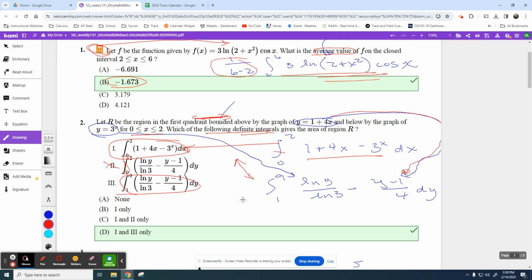For 9 here, if you plug in 0 here, 3 to the x, you get 1. If you plug in 2 here, your y value is going to be 9. If you do the same thing up here, it gives you the same idea. If you plug in 0, you get 1. So that's where this boundary comes from.